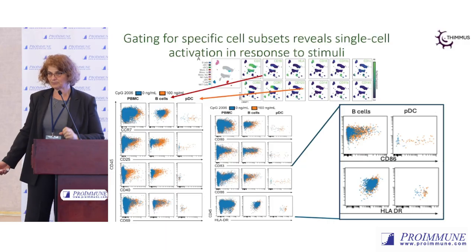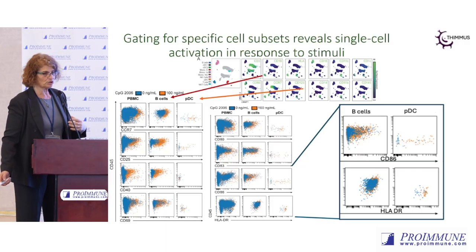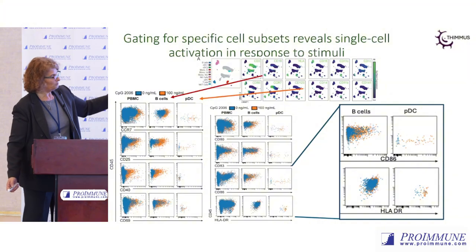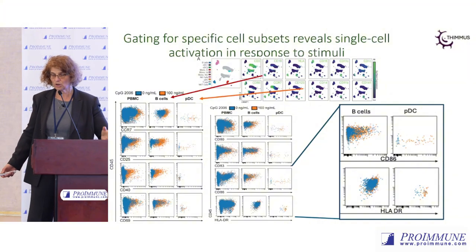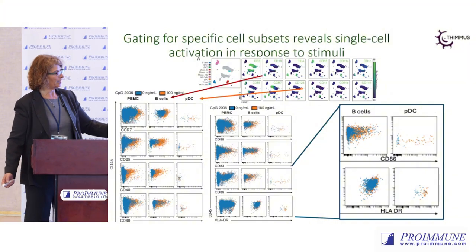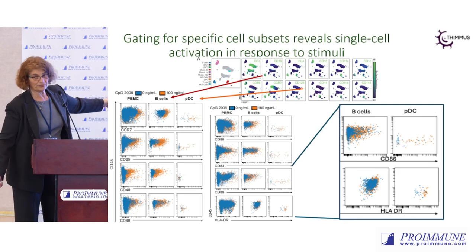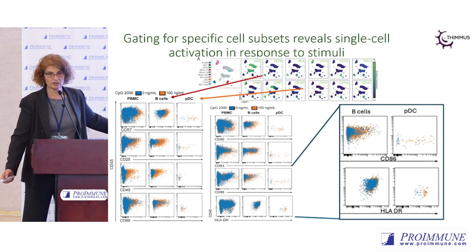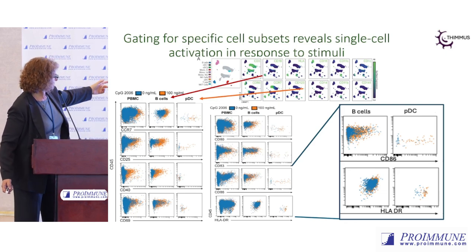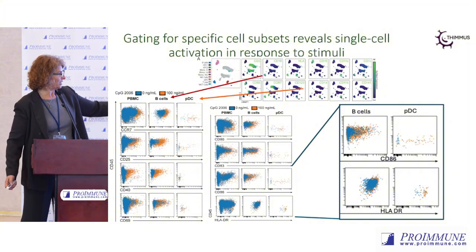When you instead can separate the cells by cell types and focus on the cells of interest, and again, we were concerned about TLR9, so we focused on B cells and plasmacytoid dendritic cells, which are the cells that express TLR9. You can clearly see the difference in expression of markers, whether it's CCR7, CD25, CD40, CD69, and so forth.